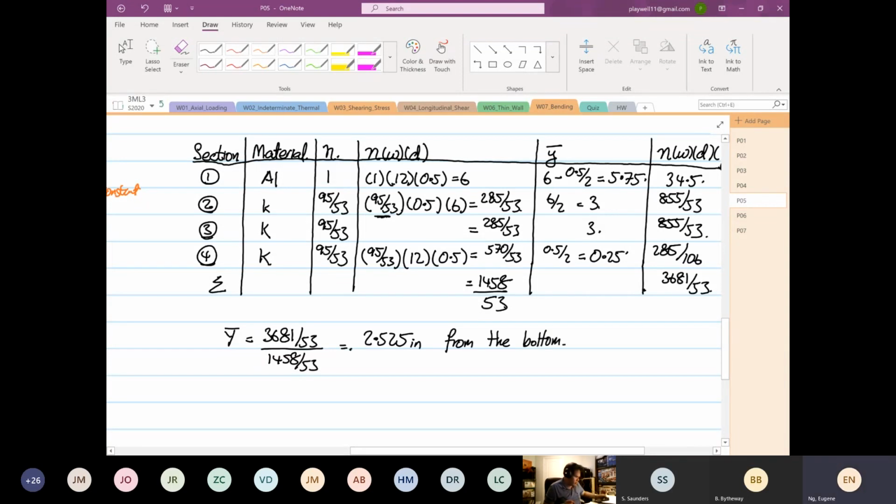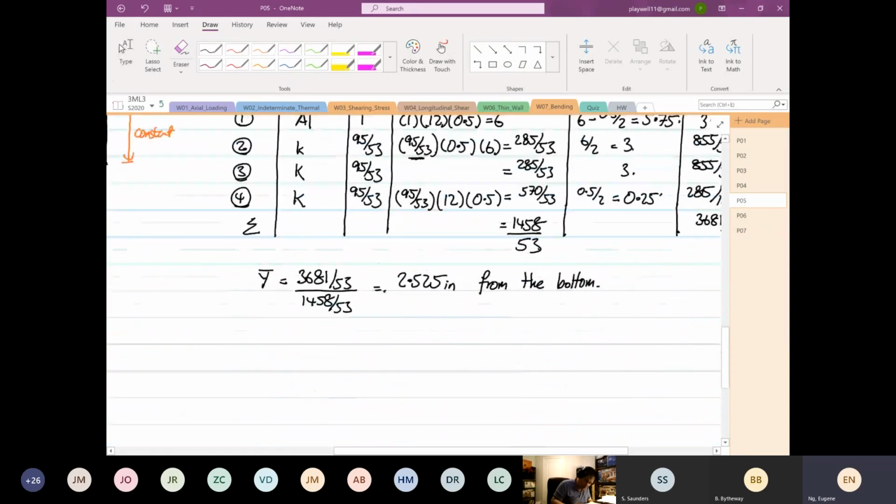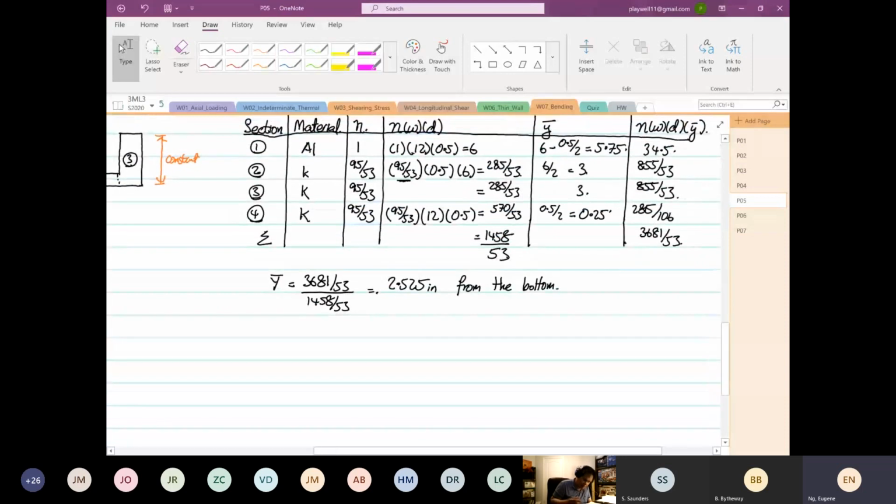Okay, from the bottom. So from here, you just need to plug into this formula that you see over here to find your I1, I2, I3, and I4. So I1, the step that I taught you guys still works.